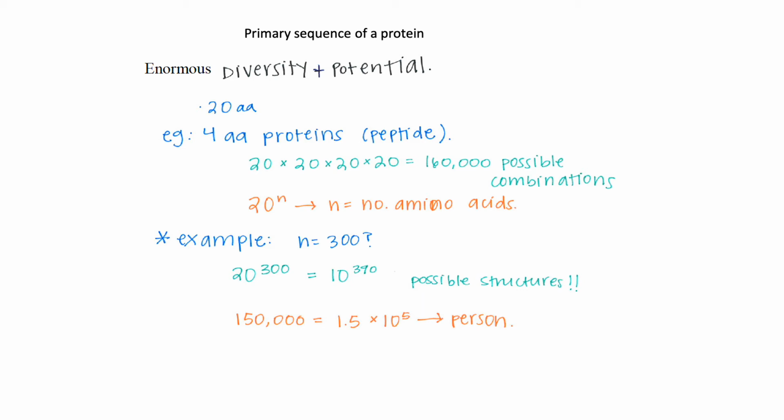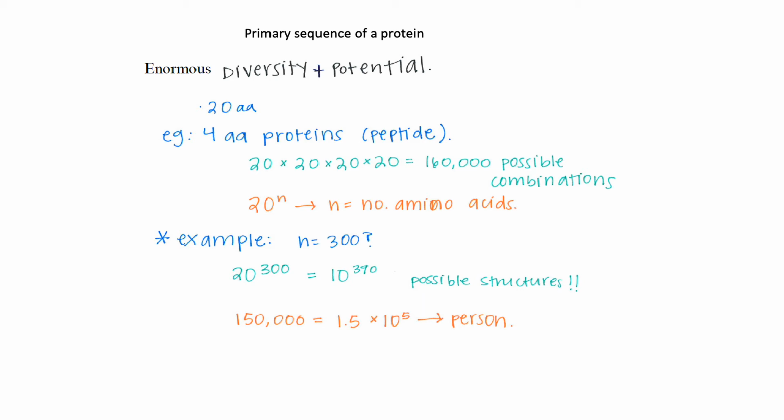Whereas the number of possible structures of 300 is 10 with 390 zeros after it. So the point is that with the 20 amino acids, we can have an enormous number of possibilities, an enormous number of functions, and we are only using a small, tiny, minuscule subset of those functions to make a person.